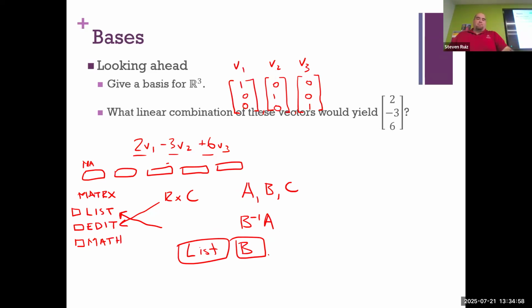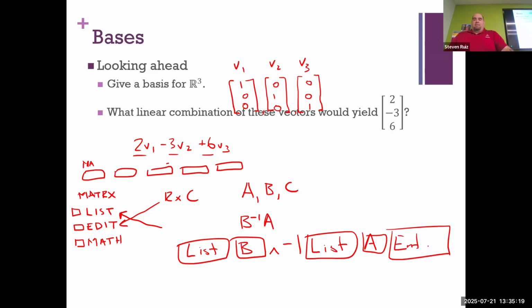Then you raise to the -1, which I believe will interpret the way you want. Then you go to list again, A, enter, and that should spit out the actual product you want.